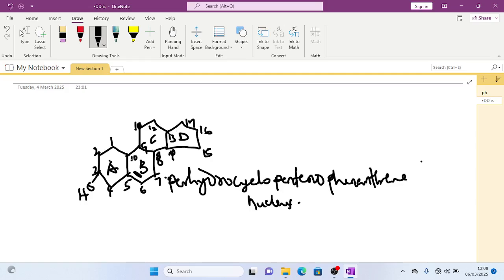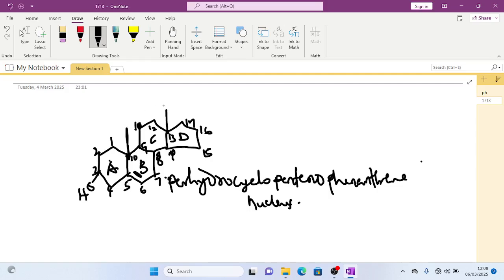Between carbon 10 and 1, there's a methyl group here. And there's another methyl group here also. So these are two methyl groups.